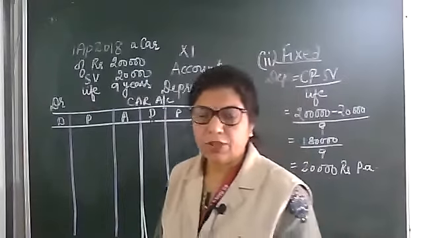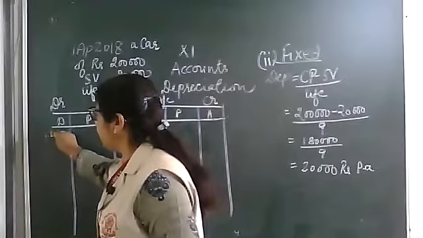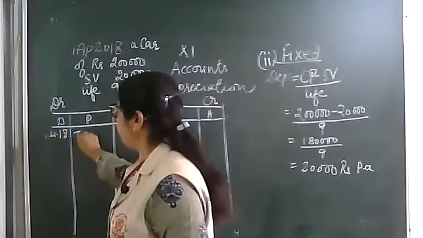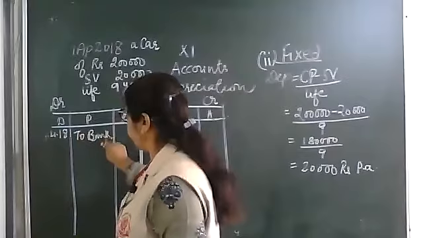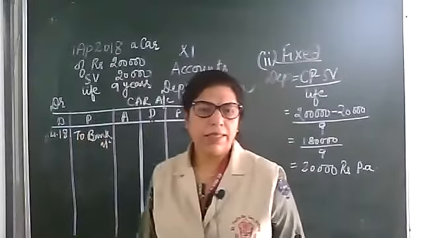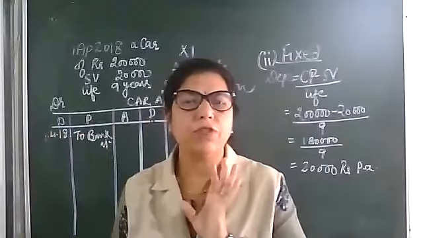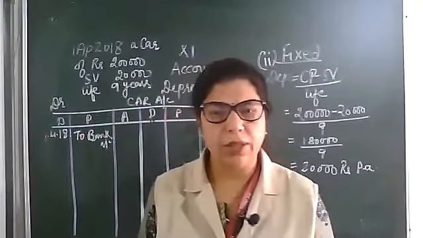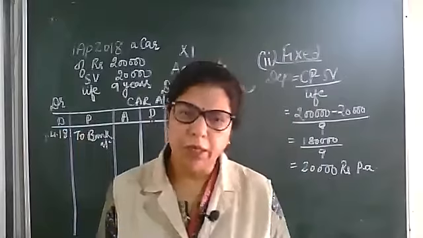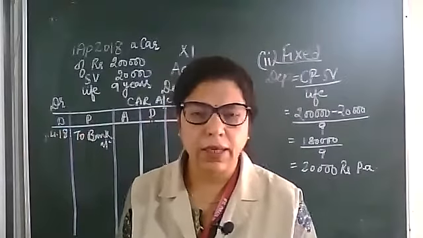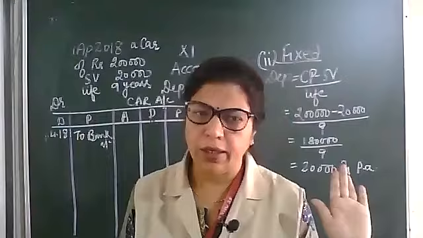Now we are going to start one by one. First, date of purchase, 1st April 18, to bank. As I told you, this is according to the rule of general entry or accounting rules. Car account debit to bank account, because the car comes in and the amount from bank is going out.